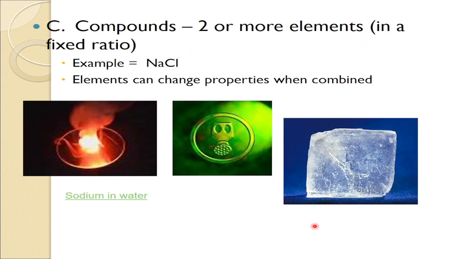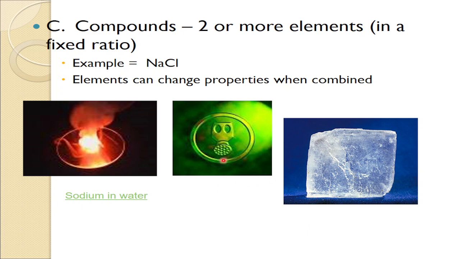Compounds are formed when two or more elements join in a fixed ratio. They actually undergo a chemical reaction. One example is the commonly known table salt, and its chemical formula is NaCl. Elements can change properties when they combine.